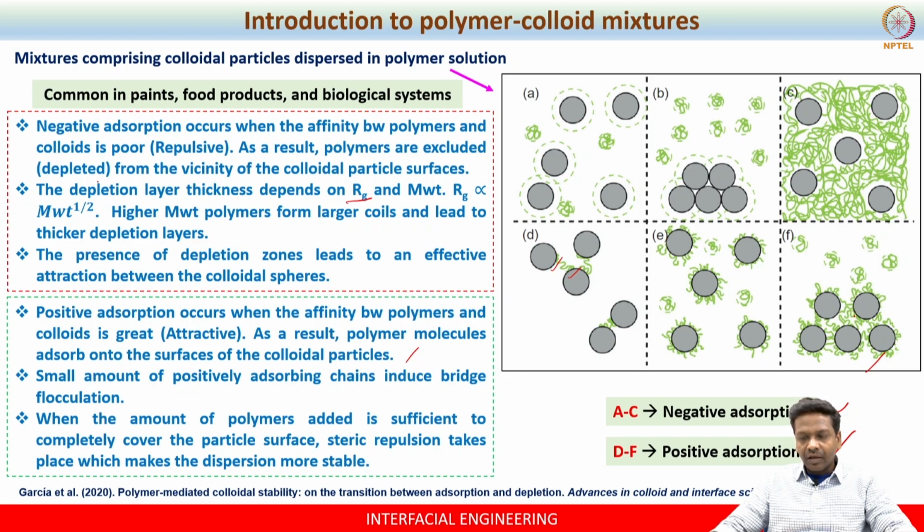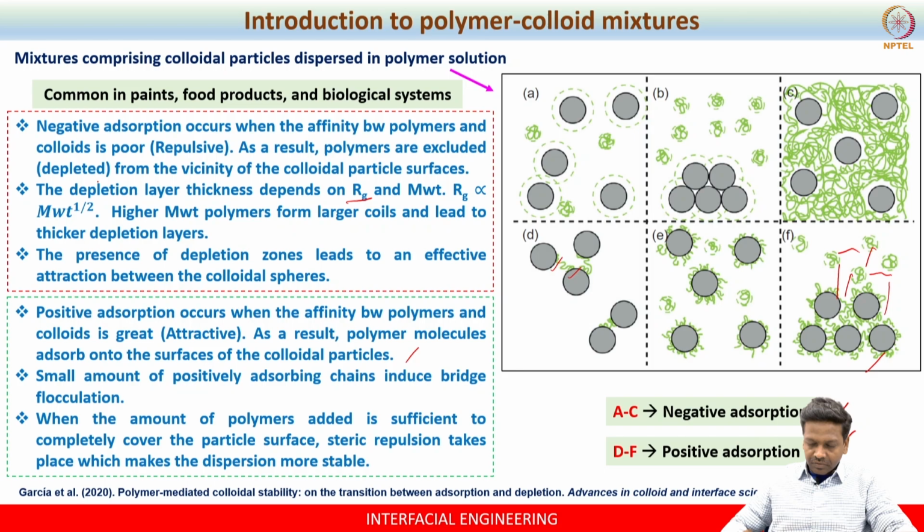So they will form more like a network-like structure, okay, because this free molecule can now get anchored to another polymer molecule. So they will form network-like structures, right? This is more likely to happen when you have a higher concentration of polymer in the mixture, right?